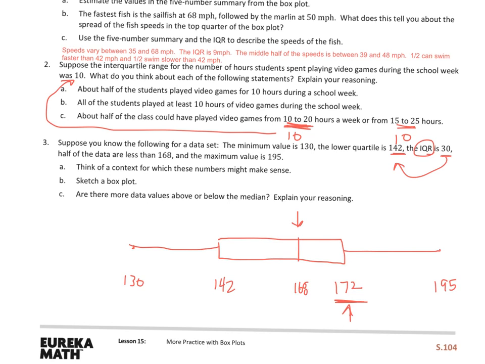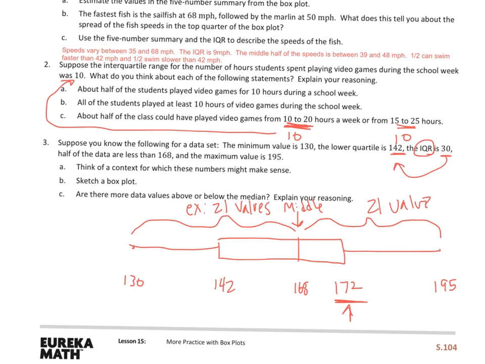Whatever number of data values are here, there has to be the same number here, because the median is the middle part. Just for an example, if there were 21 values below the median, there should be 21 values above the median. So that's how we're answering that part.